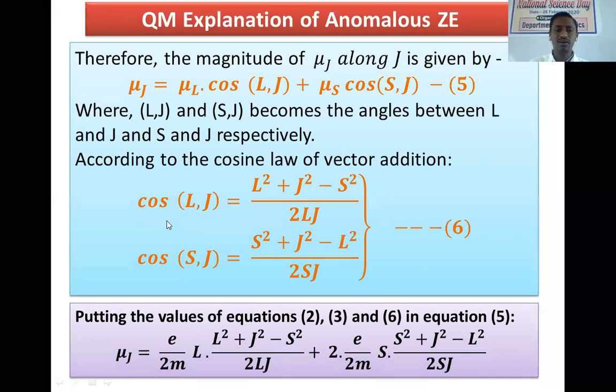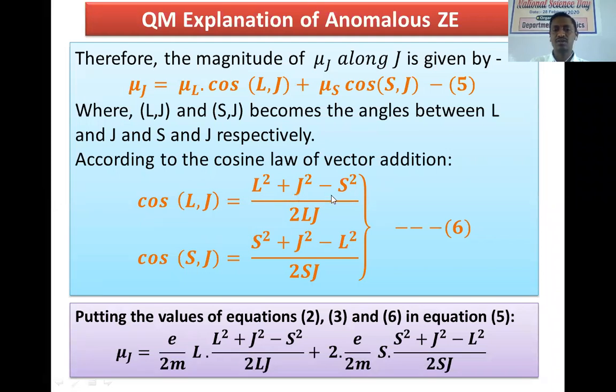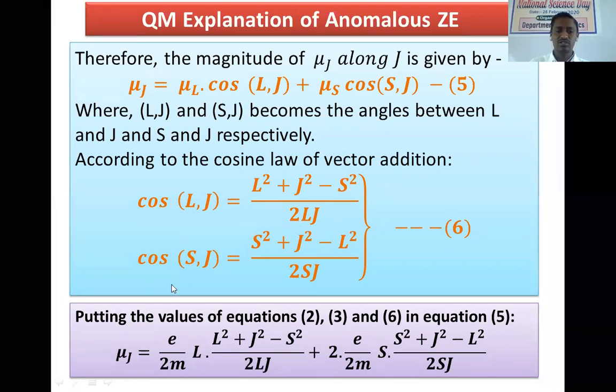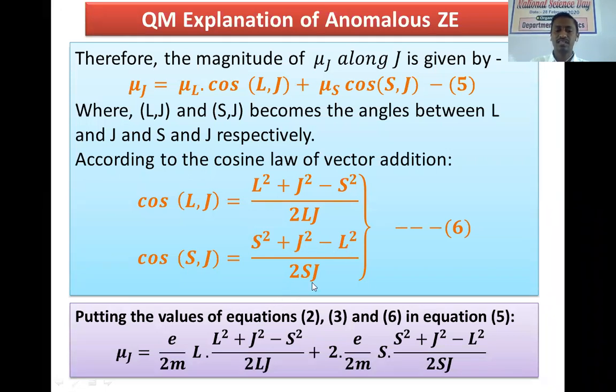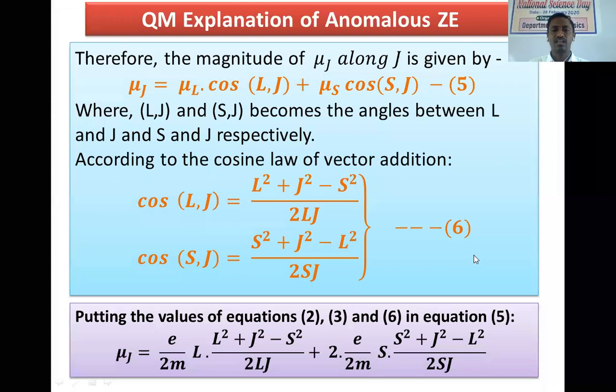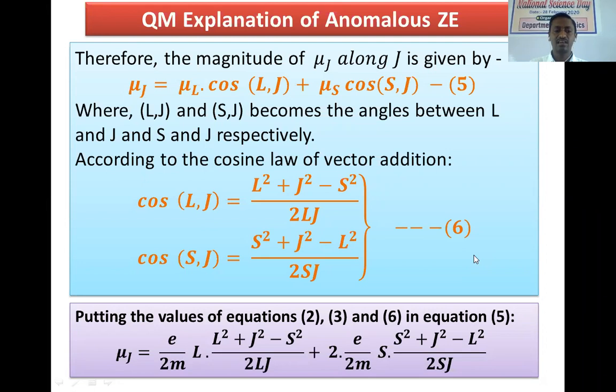So from cosine law, cos of (L, J) equals L squared plus J squared minus S squared, divided by 2LJ. Similarly, cos of (S, J) equals S squared plus J squared minus L squared, divided by 2SJ. It is our equation number 6. From equation 6, we have calculated the values of the angles between L, J and S, J.